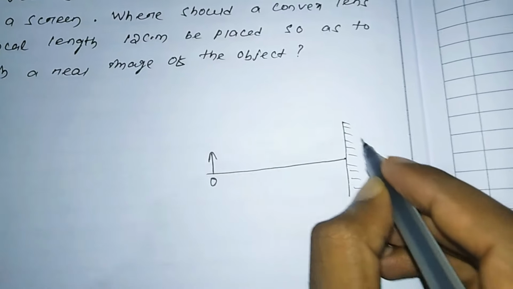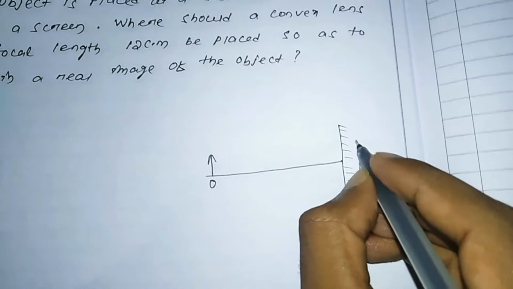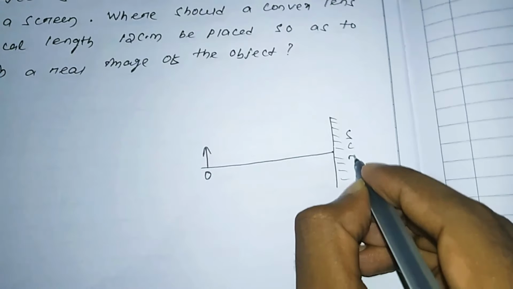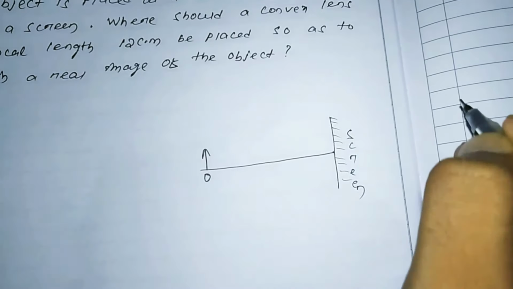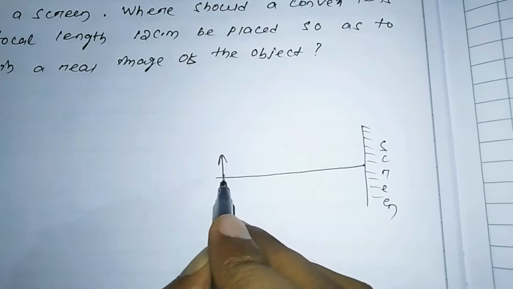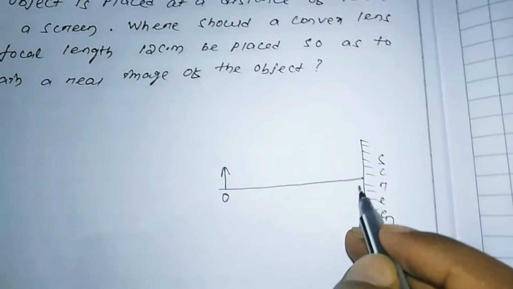This is not actually a mirror, this is the screen. So this is our object O, this is our screen.